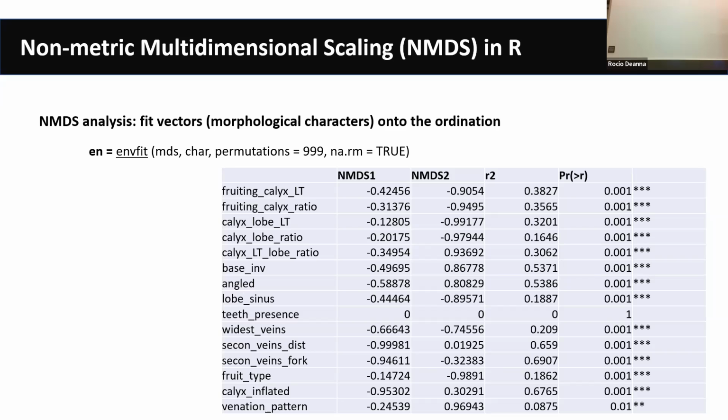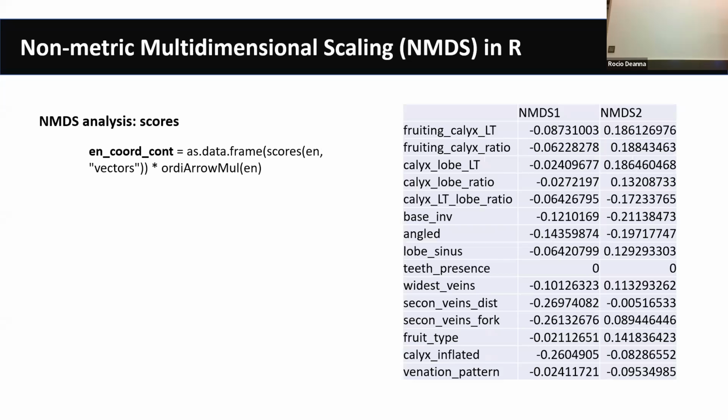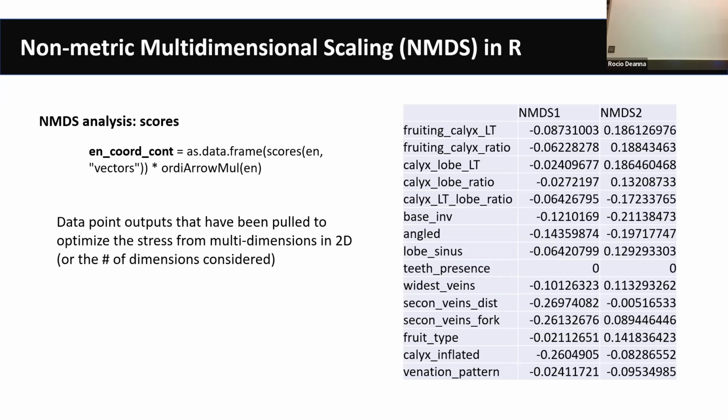In that way, we'll see how the characters are informative and correlated to each of the axes, which are significantly informative, as well as not informative at all sometimes. And the scores give some similar information about the weight of the characters in each of the axes.